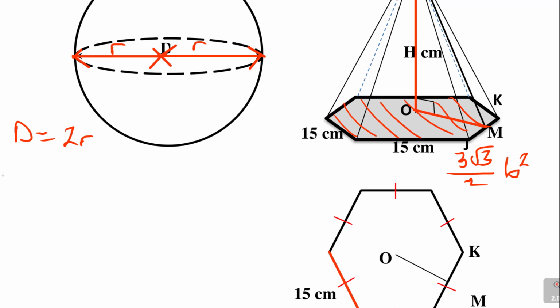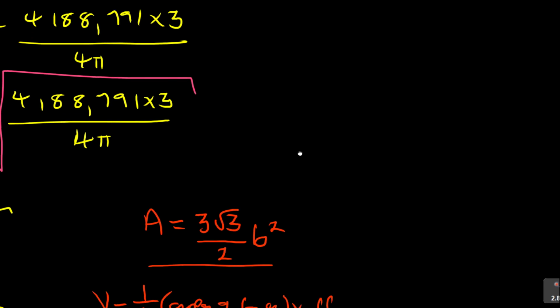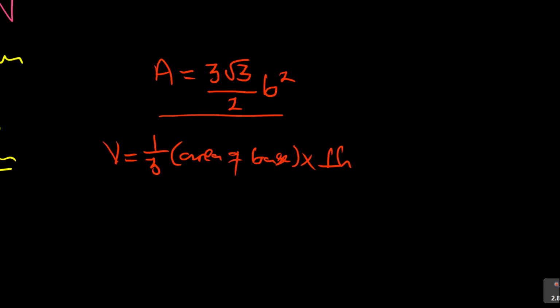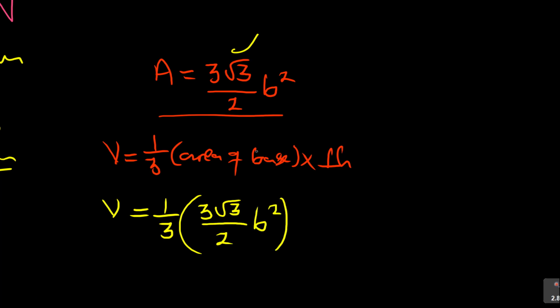So if I can use that to say volume V is equal to 1/3 and then area of base, which is bracket 3 root 3 over 2b squared. You see what I've done now? This is the area of the base times the perpendicular height, and the height here is what they are looking for, which is the perpendicular height. So I'm looking for the h. I'll keep on writing perpendicular height like that.